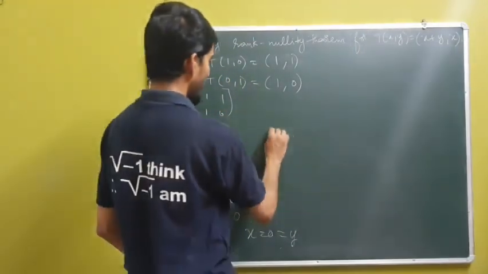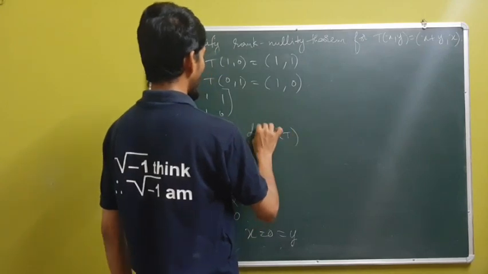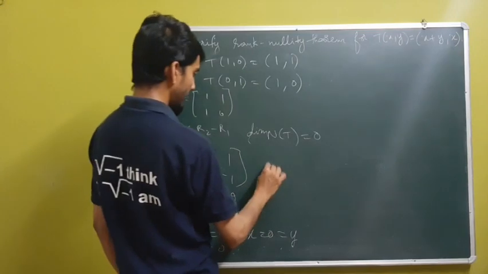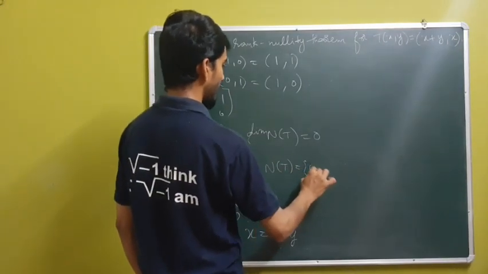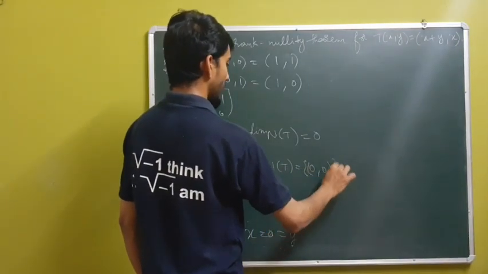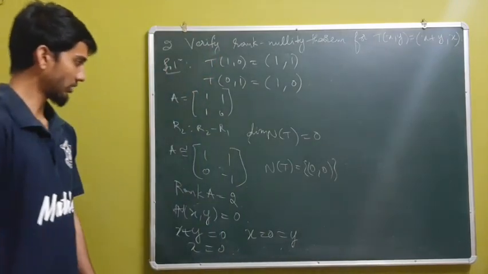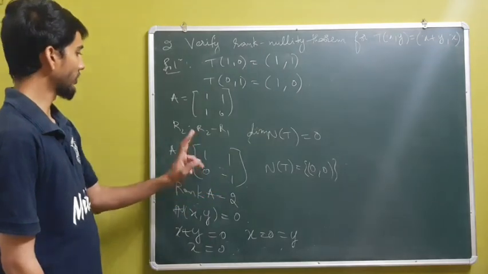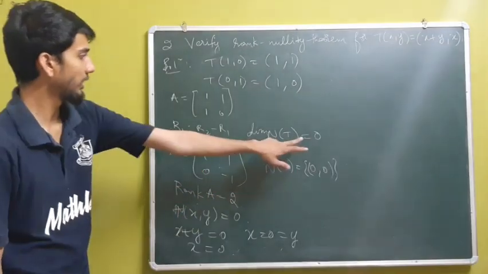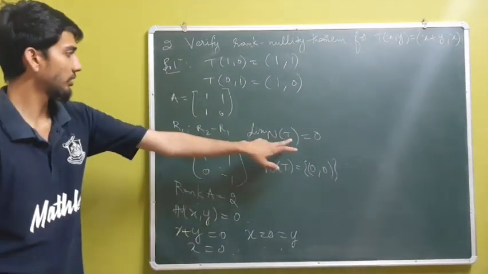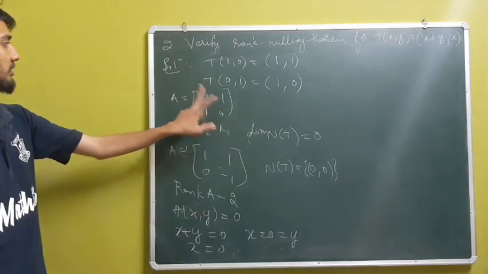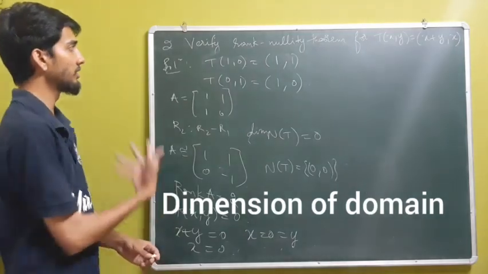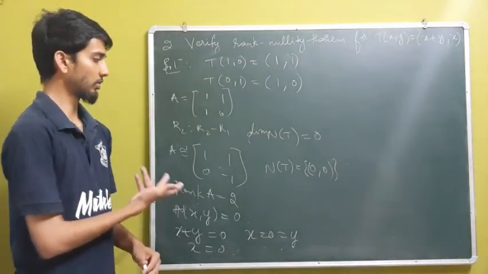Again, the null space N(T) is just (0, 0). So we have dimension of null space to be 0, that is nullity. So we have rank 2, nullity 0. 2 plus 0 is 2, which is the dimension of the domain. This verifies the rank nullity theorem for this.